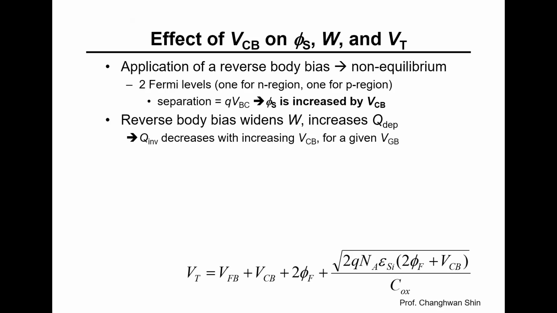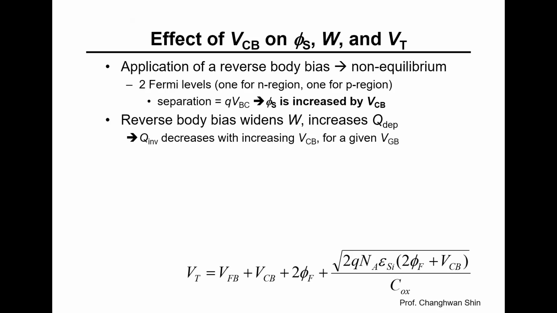The separation between these Fermi levels equals q times V sub CB, causing an increase in surface potential psi s by V sub CB. So visually, imagine pulling two elastic sheets apart. The separation increases the tension in both.